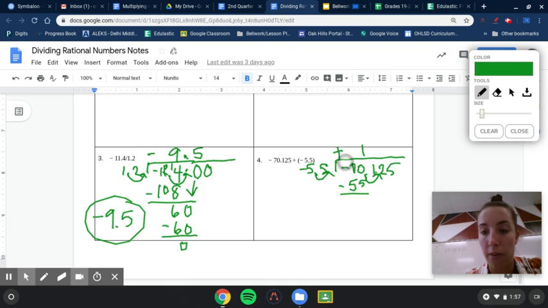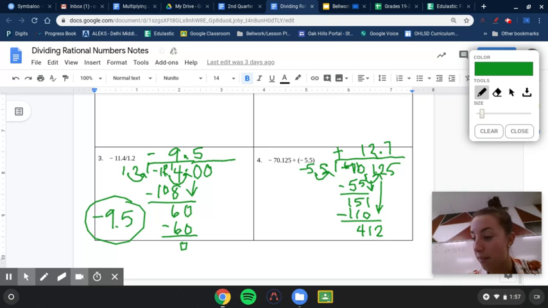Minus that, I have to borrow, so I get 15 left over. And then I'm going to bring down my 1. I know that it can go into 151 twice, which is 110. Minus that is 41. Bring up my decimal, bring down my next number, which is 2. I know it can go into 412 7 times because I'm a genius, guys.